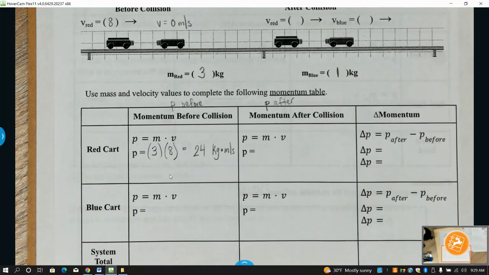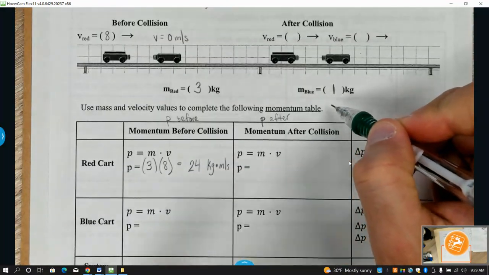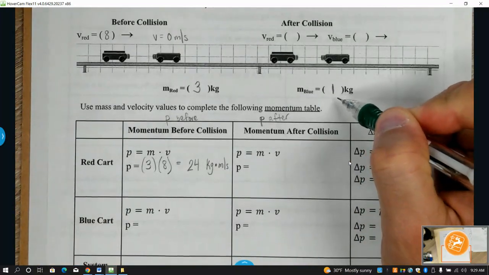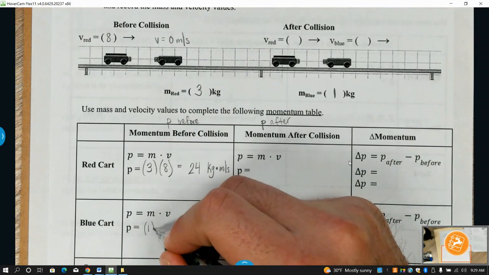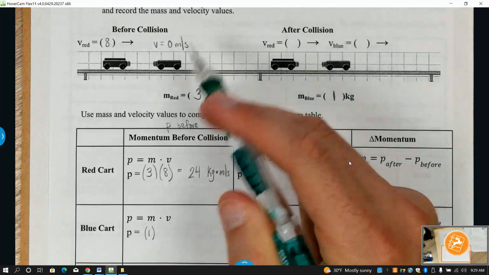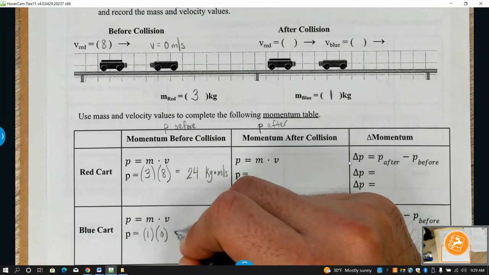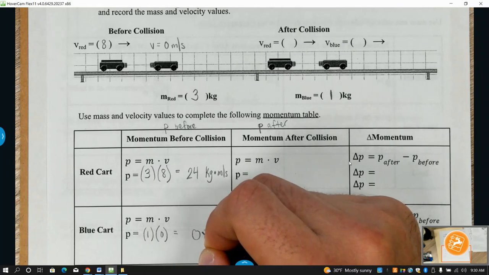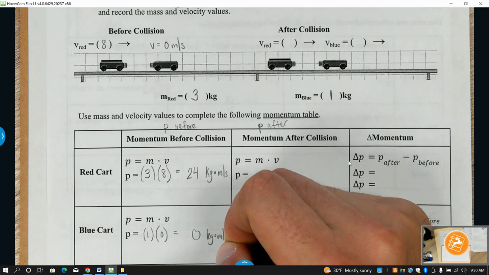And then the blue cart. What is the mass of the blue cart? Right here I have it listed as 1 kilogram. And what about its velocity? I have it set to 0. Beautiful. Now, what does this come out to be? Super simple. 0 kilogram meters per second.